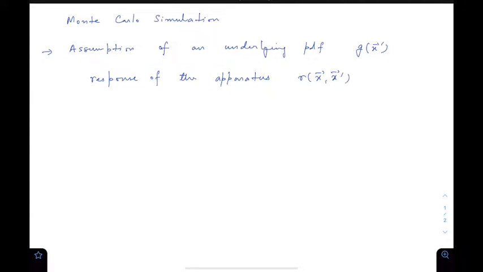So the expected PDF of the observations is given by integration over g(x') times the response function, integrated over all such x'. Now, the purpose of the simulation is to produce a set of n simulated or fake data points distributed according to f(x).